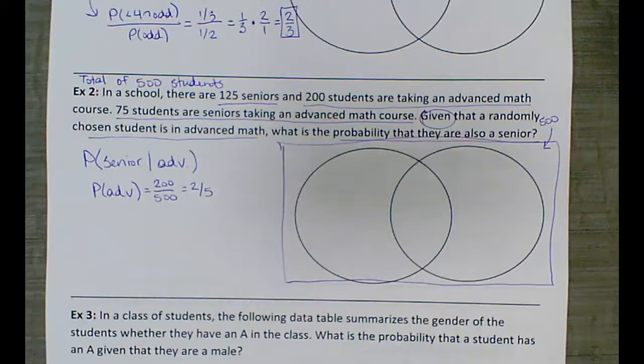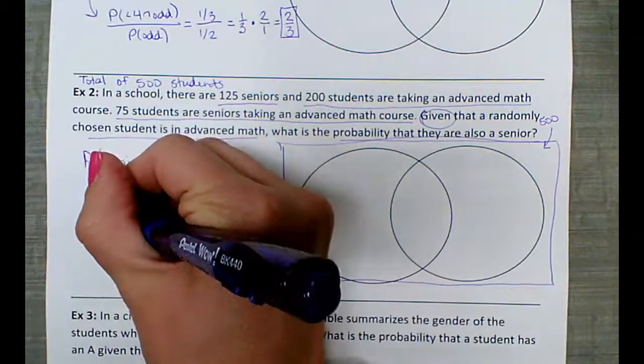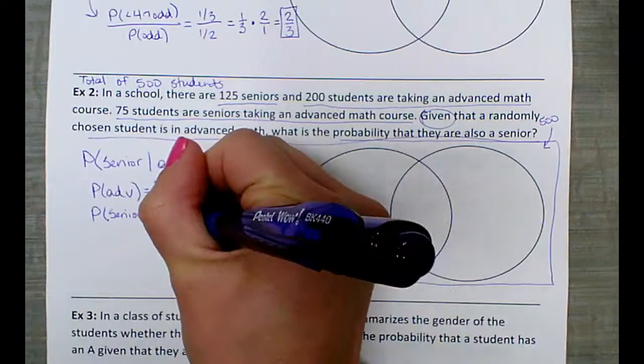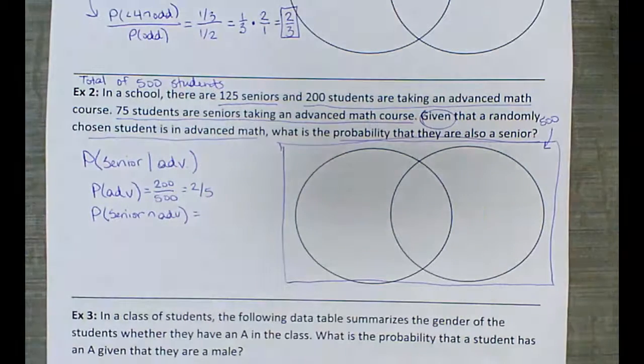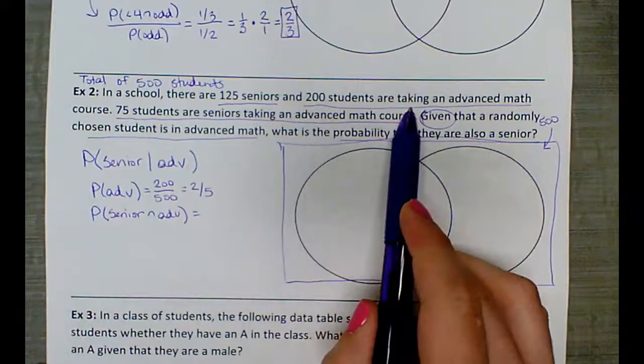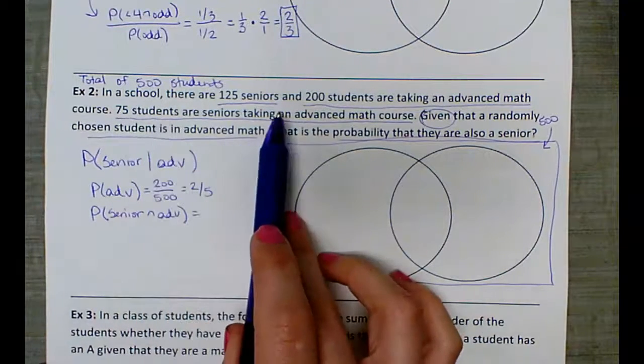Now step 2 says find the intersection of events A and B occurring. So both events occurring at the same time. I need the probability that the student is a senior and in advanced math. So I go find the number of students who are seniors who are taking advanced math. There's 125 seniors, 200 students in advanced math, 75 students are seniors taking advanced math.